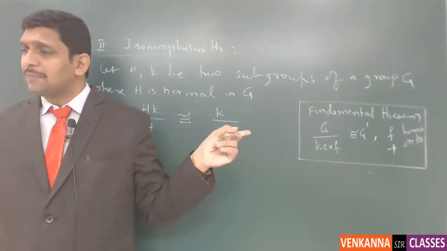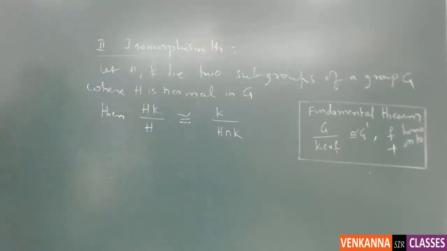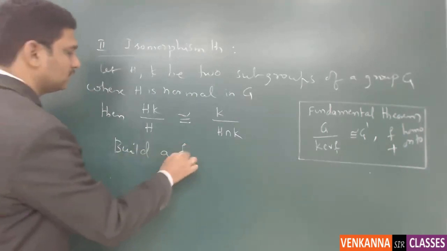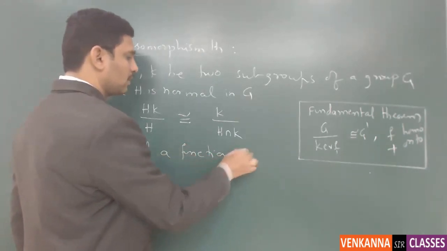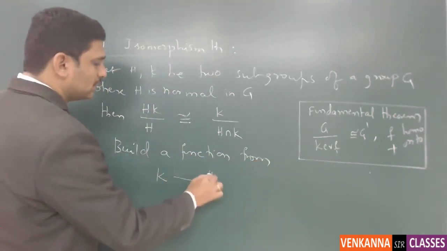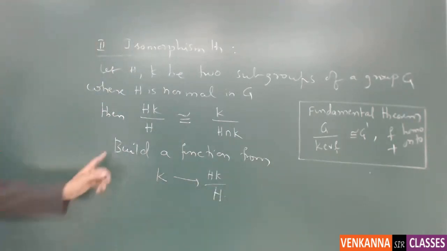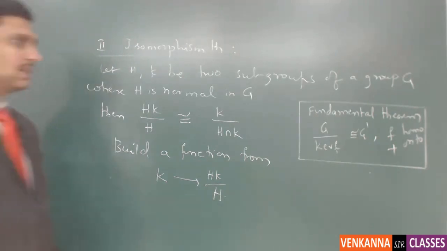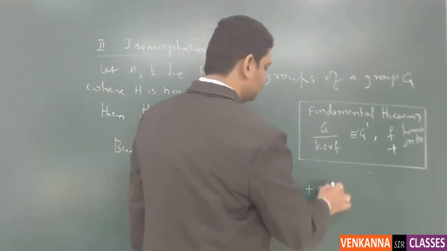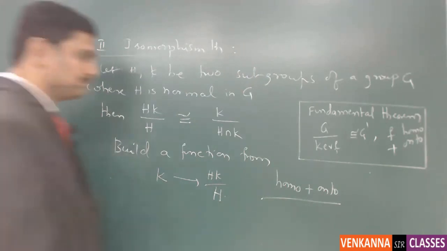So the same strategy I am going to follow here. My strategy is that I want to build a function from K to HK by H, and I am going to prove that this function is a homomorphism and onto. This is my claim.